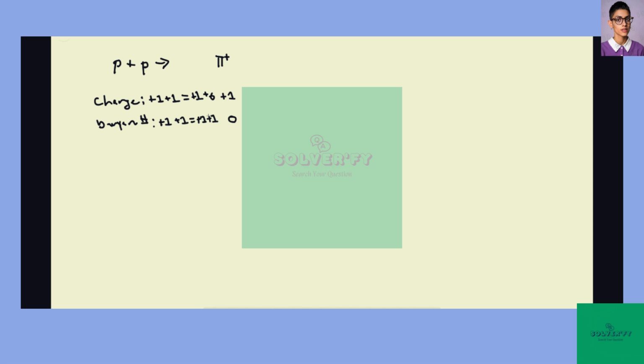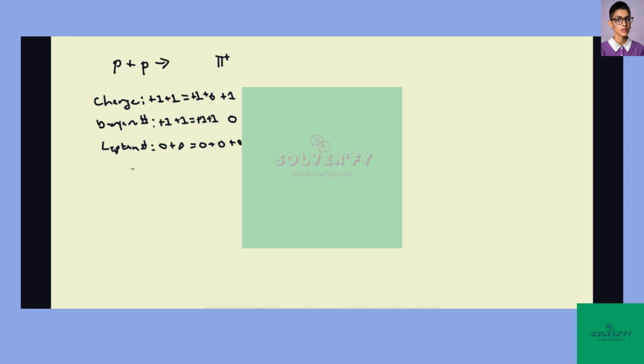Now for lepton number, none of these are leptons, so 0 plus 0 is equal to 0 plus 0 plus 0. Basically there have to be 2 baryons, so you can't have 2 leptons.